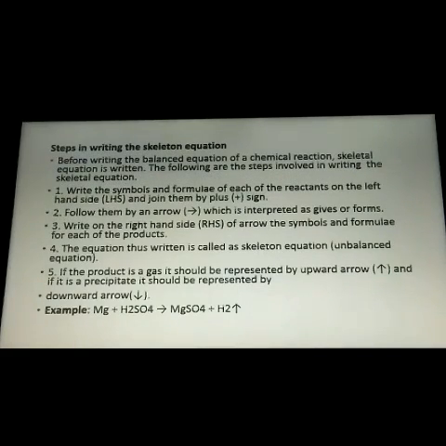And now, steps in writing the skeleton equation. Before writing the balanced equation of a chemical reaction, a skeleton equation is written. The following are the steps involved in writing the skeletal equation. First, you need to write the symbols and formula of each of the reactants on the left hand side, and join them by a plus sign.